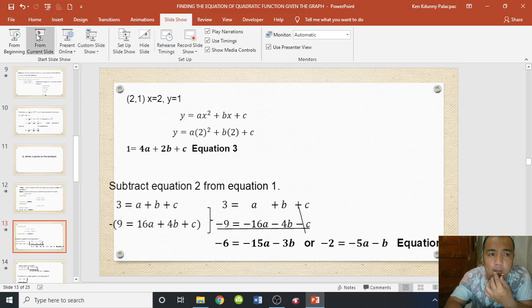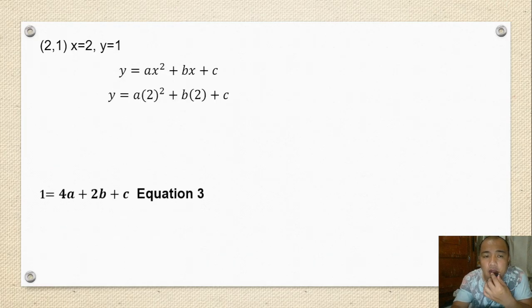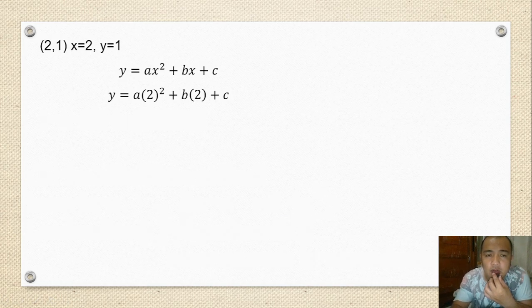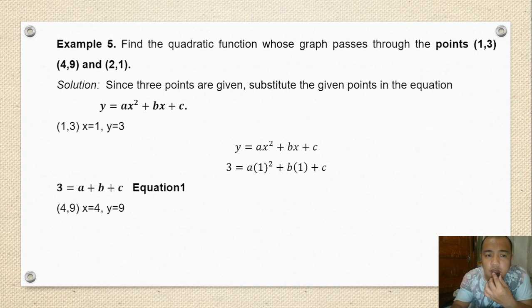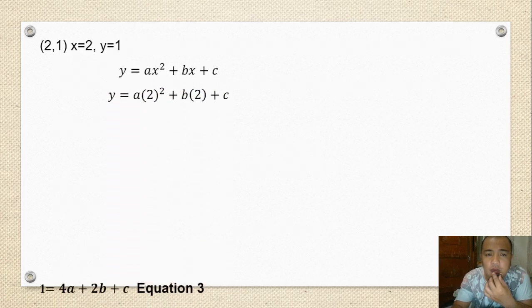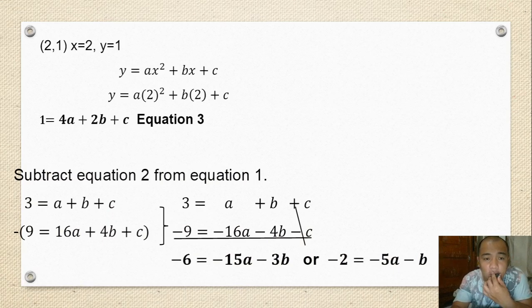After solving for equation 1, 2, and 3, we're now going to subtract equation 2 from equation 1.